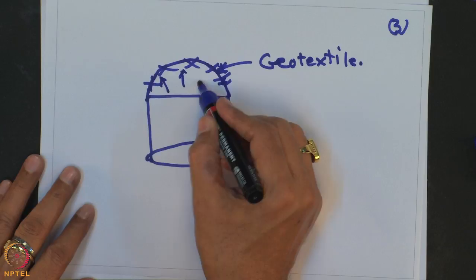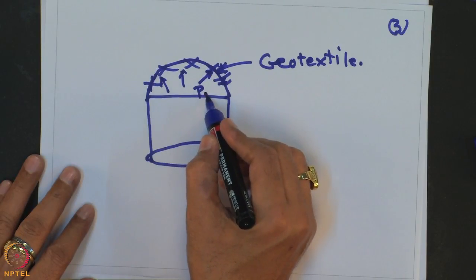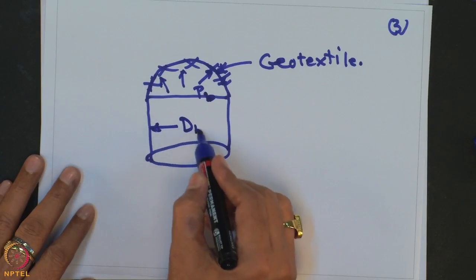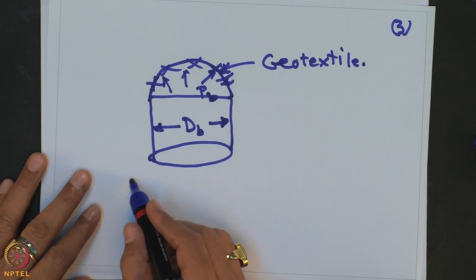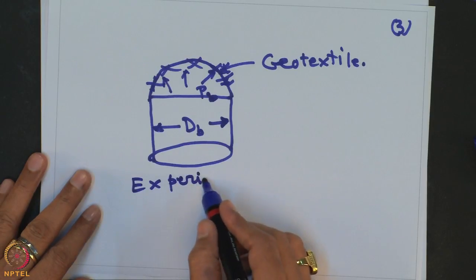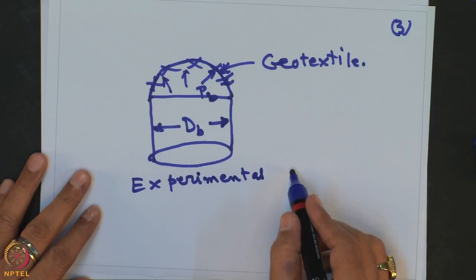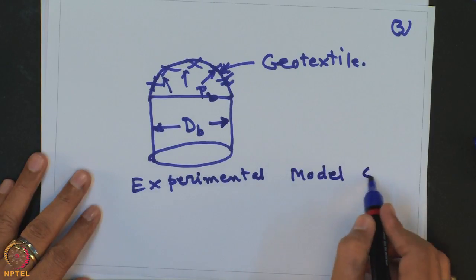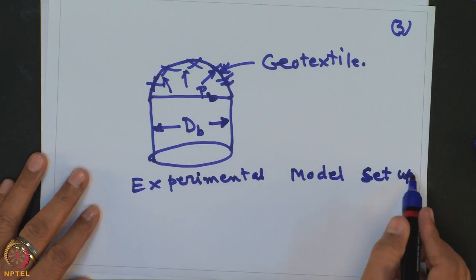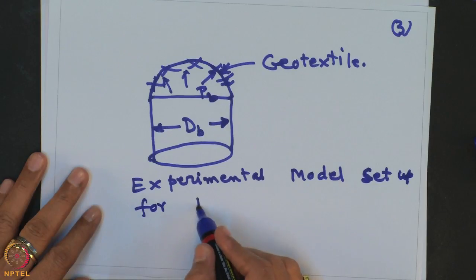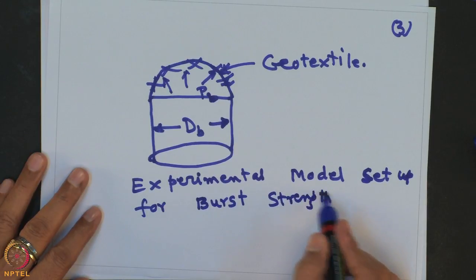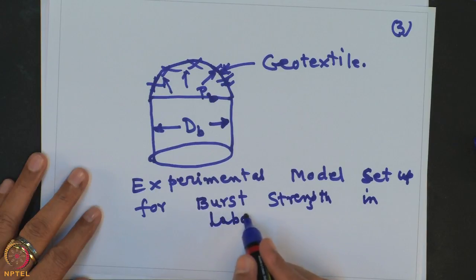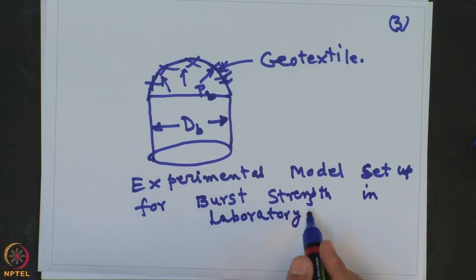And there is a pressure P of B and this is D of B. So, this is the experimental model set up for burst strength in laboratory. So, this is the model setup.